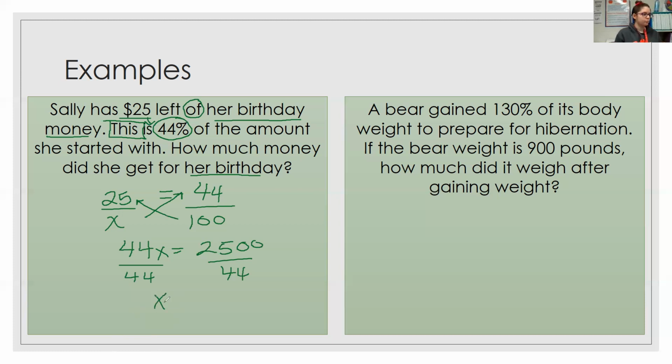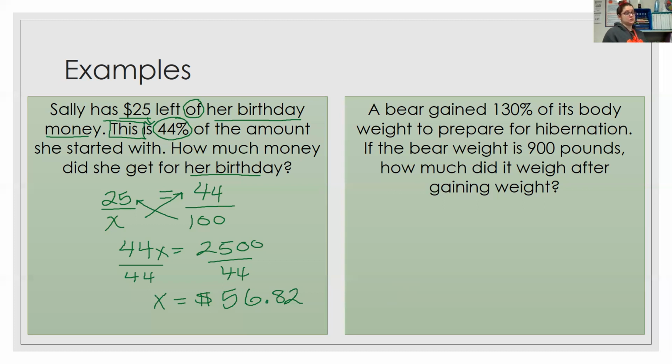Now we know money has 2 decimal places, so this does tell us where to round. So I have 56.81, but that one's followed by another 8, so we're going to round up and say she started with $56.82 for her birthday. It's kind of an odd amount. I feel like a sibling just gave her a little pocket change.